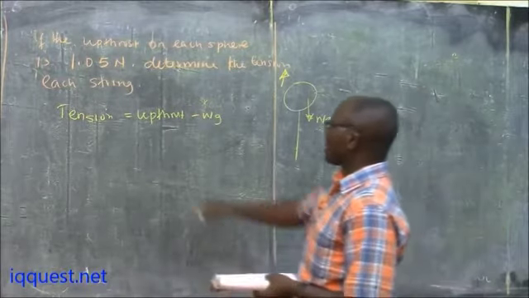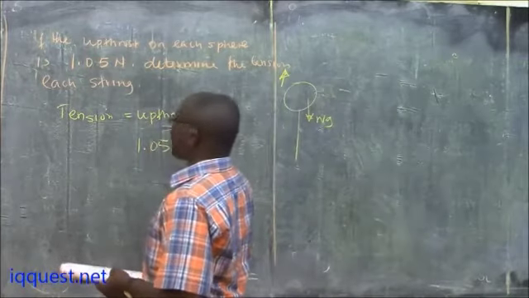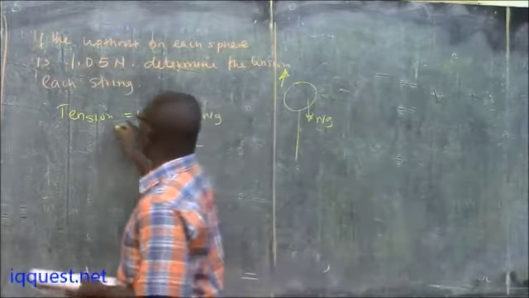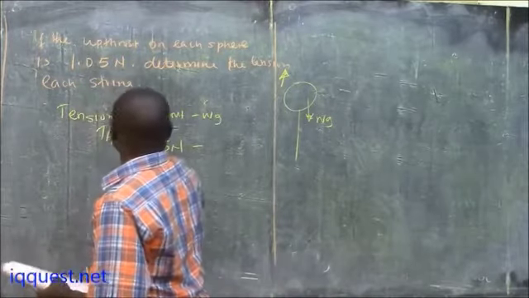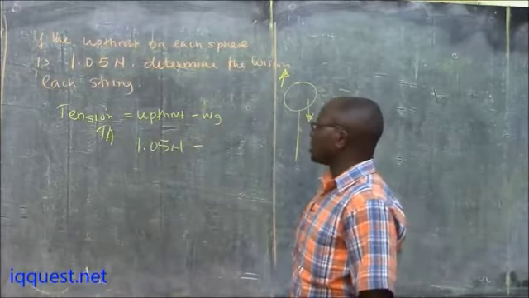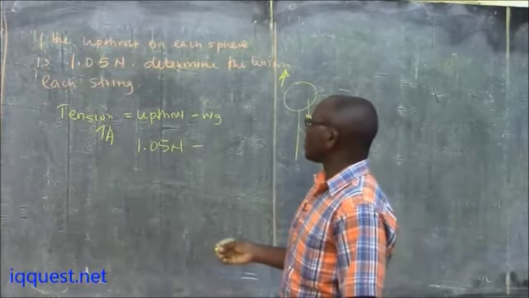Therefore, the upthrust here is 1.05. We subtract now the weight. We want to get the tension in A. So we have 1.05 newtons as upthrust. We subtract the weight downward to get the resultant force, which is now the tension.